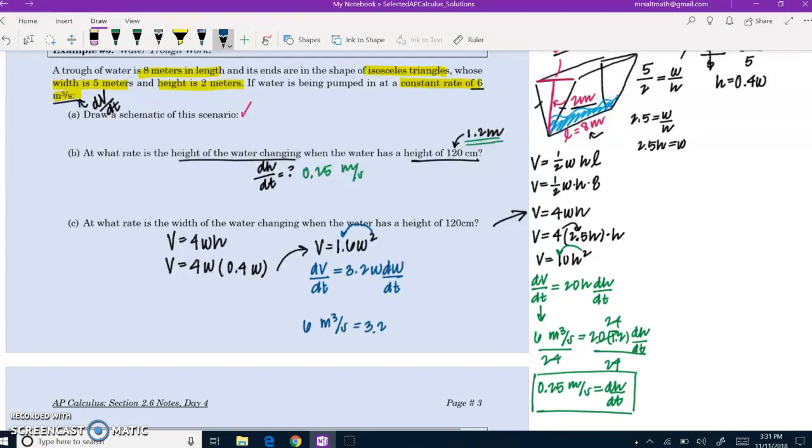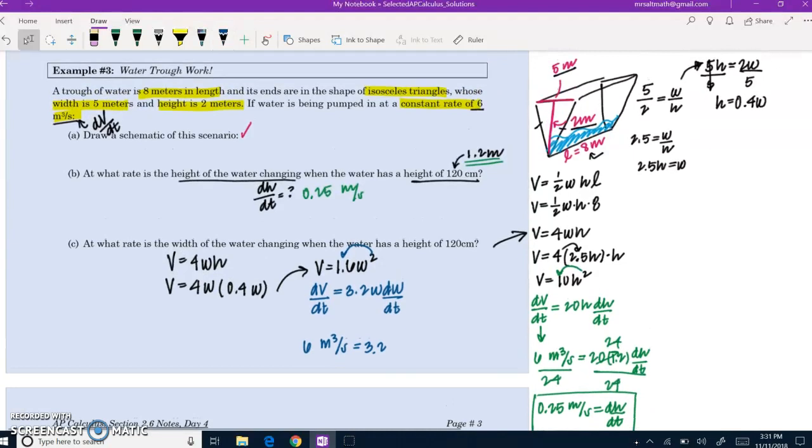And then I have 3.2 times, I don't have a value for width right now, so I actually have to go back one more time and substitute in the value for height to get a value for width. I can use either this expression or this expression. Let's go ahead and use this one. So we'll have 2.5 times our height value, which is 1.2. That's going to give us our width.